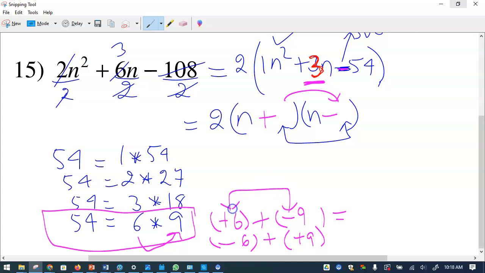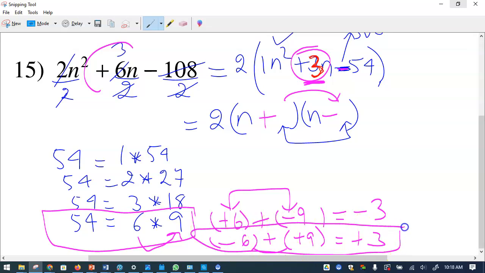If we combine this way, the answer is minus 3. And if you combine the other one, you get plus 3. Because there is a plus 3 right here, this is the better option. So minus 6 and plus 9, you put minus 6 here and plus 9, and you're done.